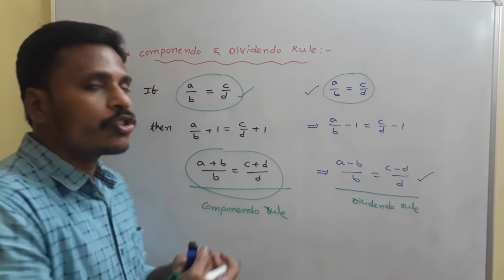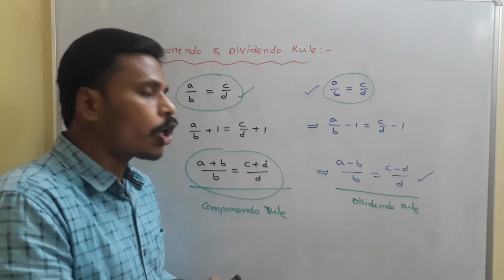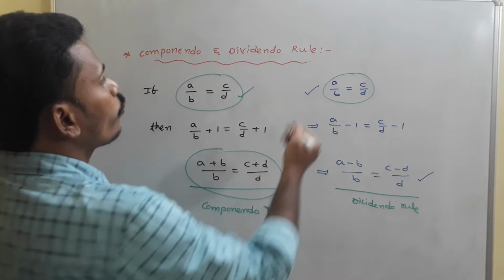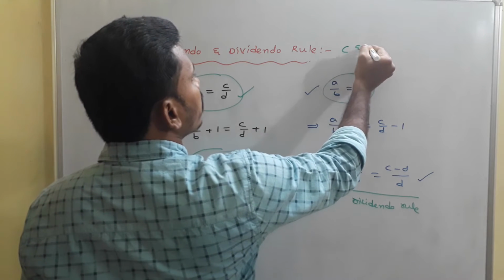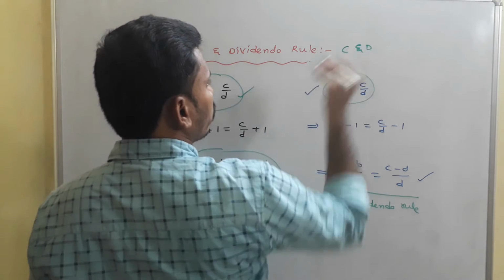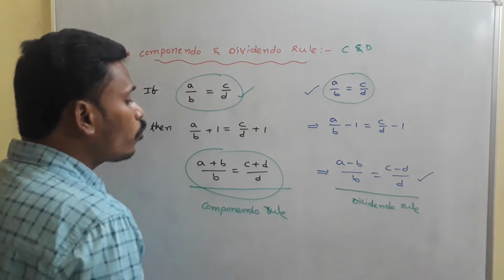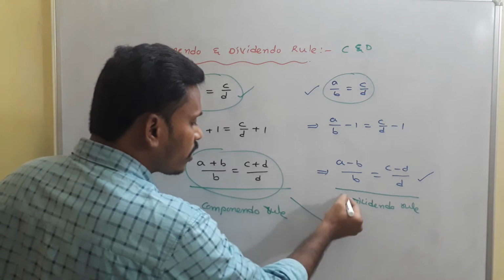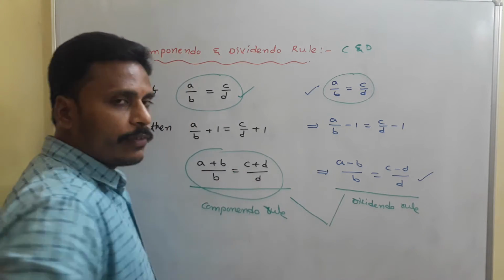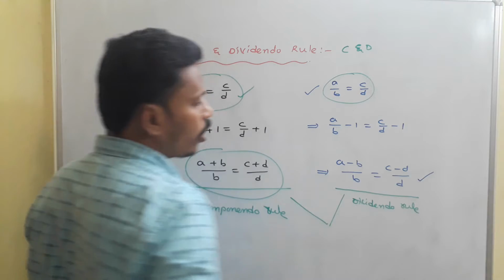If you combine these two rules, we get the componendo and dividendo rule. Usually we call this the C and D rule or CD rule, and it is very helpful in solving many problems. How do we combine these two? We have this equality and that equality.